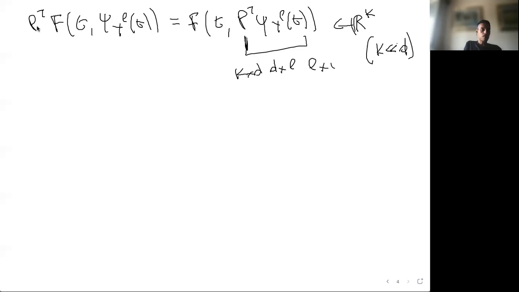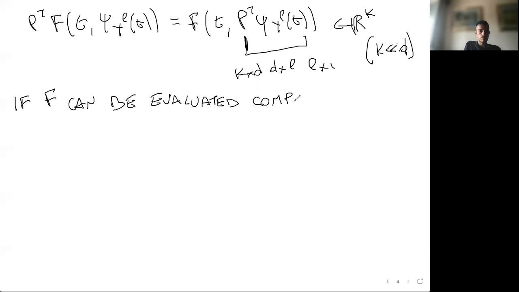One can plug the permutation matrix, I mean the selected columns of the permutation matrix, inside F, for instance, if F can be evaluated component-wise. This is possible.